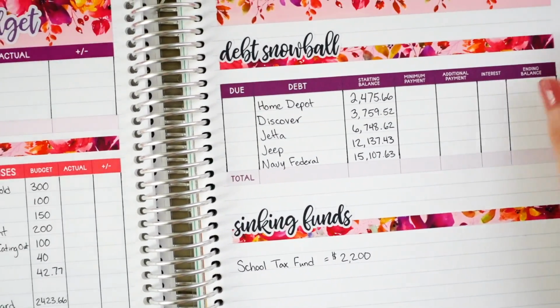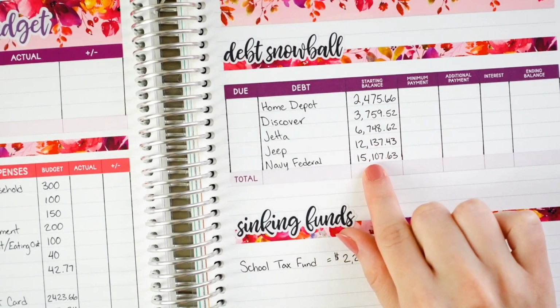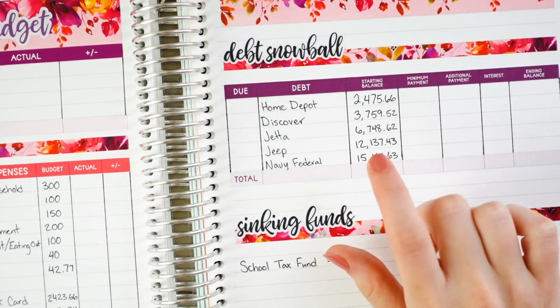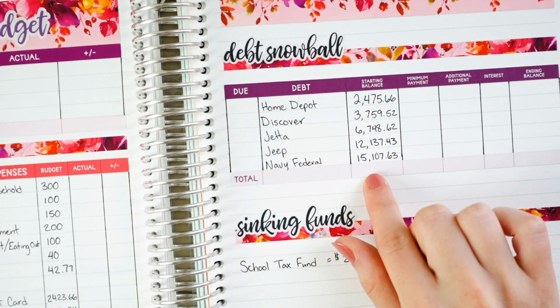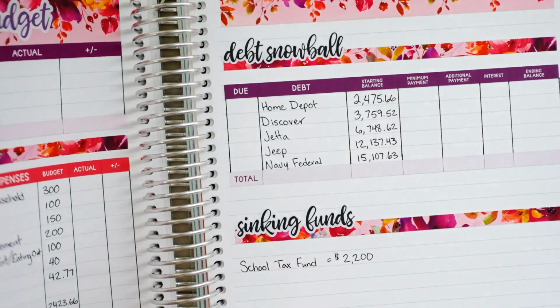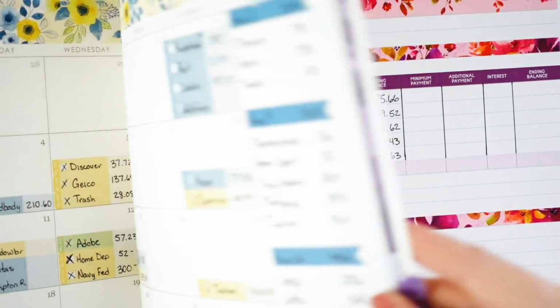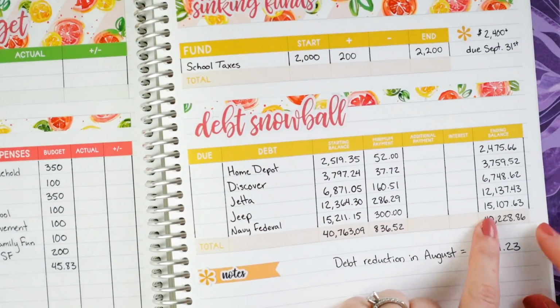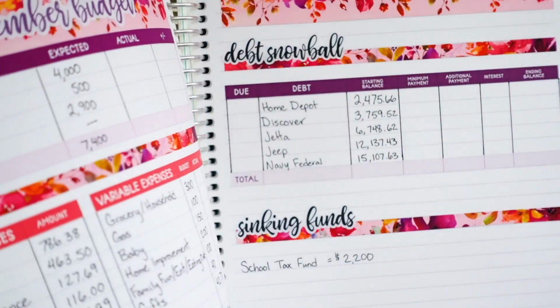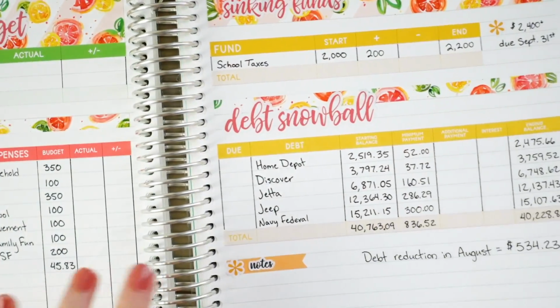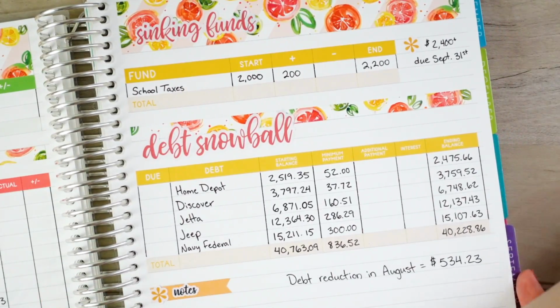And then, of course, we have the remaining debt snowball balances here for the start. And I actually did not total that up right here. I know I put them in August, so let me copy that over. So the ending balance for August obviously is going to be the same as the beginning for September.